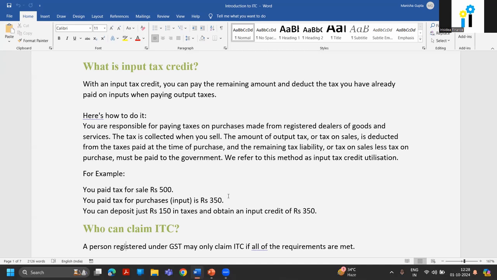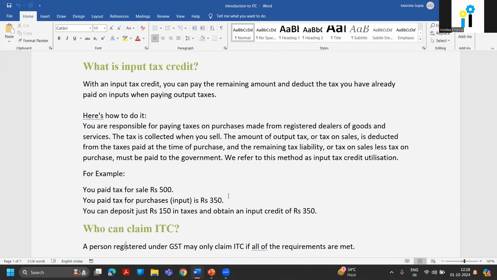So how does this work? You are responsible for paying tax on purchase. When you purchase anything, you pay tax to your registered dealer for goods or services. When you sell anything, you collect the tax, and that amount is called output tax. The tax you pay on purchase is called input tax. The tax you collect on sale is called output tax, or tax on sale.